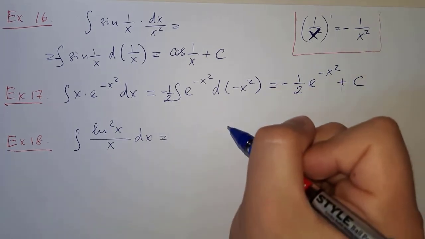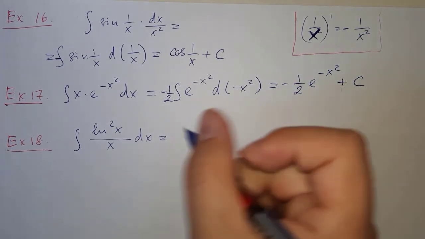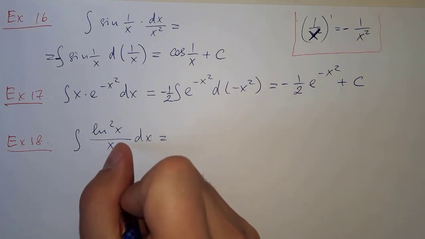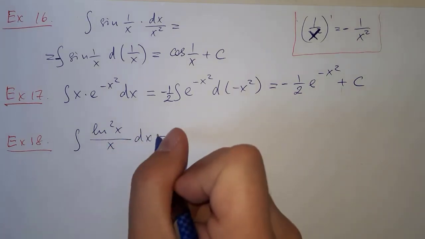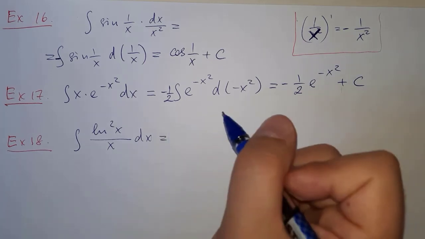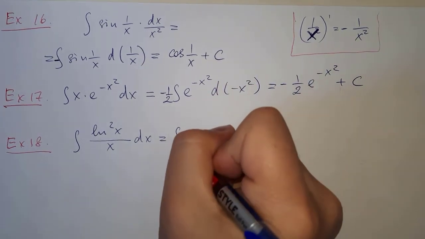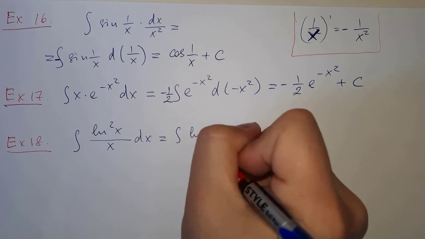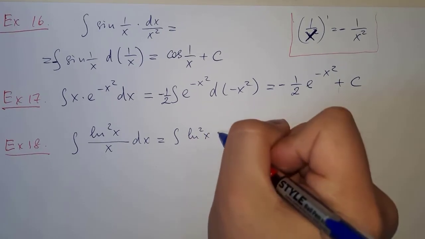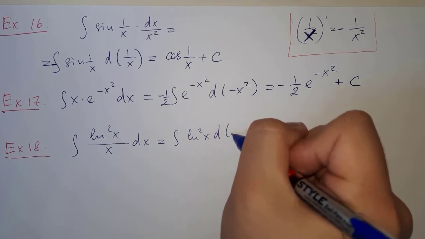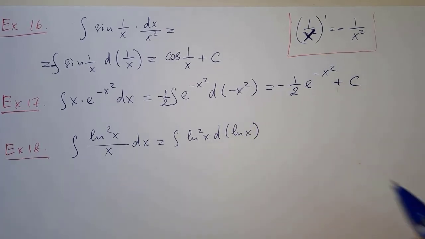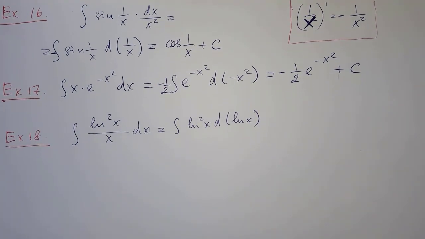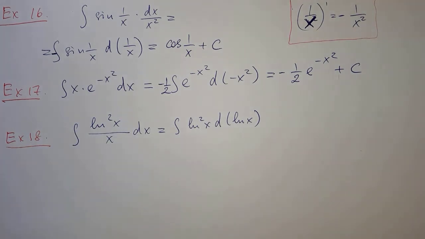Here, what should we do? Look here. Here we have 1 over x, and if you write 1 over x in differential, it will be natural logarithm of x, and we get the same one. So natural logarithm squared x, and in differential, natural logarithm of x. Now here we have natural logarithm of x and natural logarithm of x in differential.